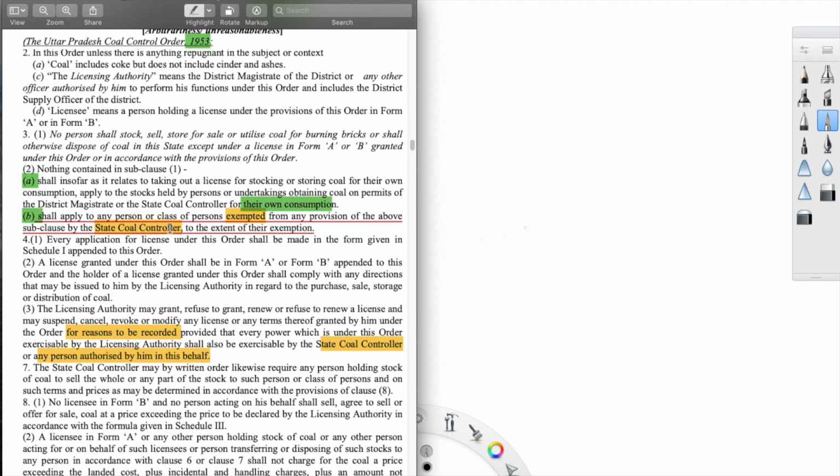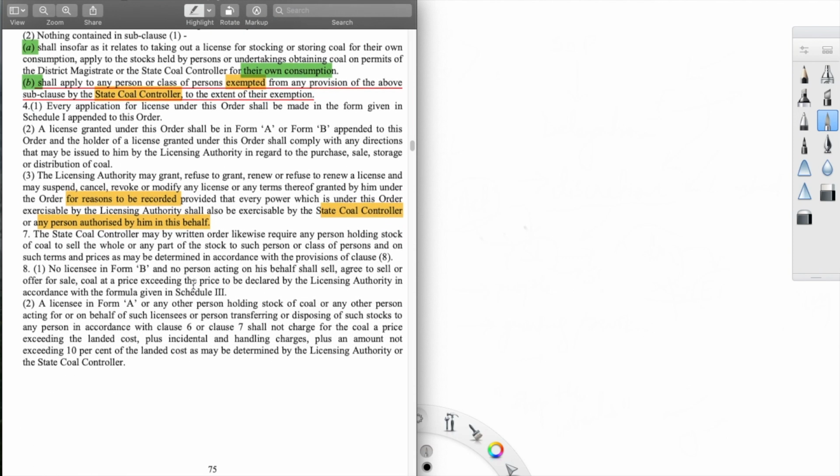So the state coal controller has the power to exempt any person or class of persons. Secondly, the licensing authority has the powers to refuse, grant, renew, cancel, suspend, revoke, and modify licenses. Now, this power of the licensing authority is also provided to the state coal controller.